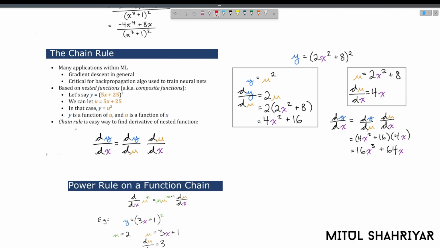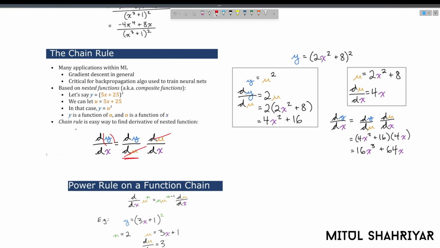So the chain rule is, for example, if we have d/dx of y, how can we write this? We can write this as dy/du times du/dx. Aren't they the same? Yes, we can just remove them, right?